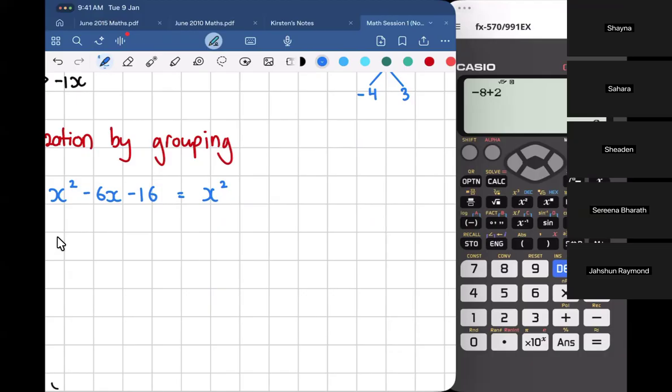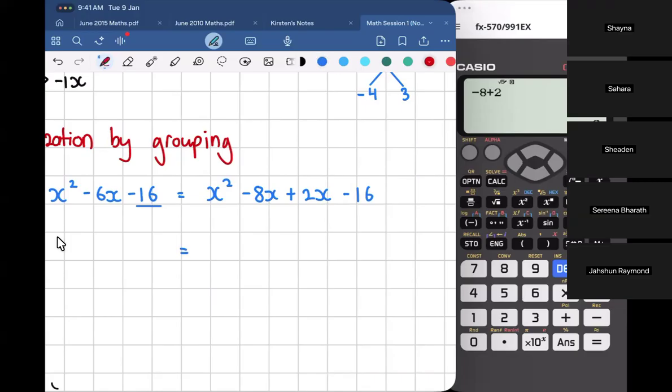To get the 16, it would have to be minus 8 plus 2, from the previous example we discussed. So you'd write x squared minus 8x plus 2x minus 16. Now this is how factorization by grouping works.